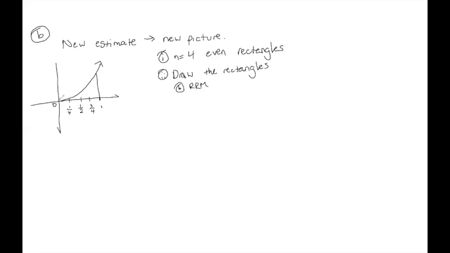But in this case, instead of using 0, I'm going to use 1/4 and draw my horizontal line to the left. So now I have a rectangle which is above the function. So I'm going to have an overestimate in this case. And in this case, I have 1/2 as the right endpoint of the next one, 3/4 as the right endpoint of the third rectangle, and 1 as the right endpoint of the fourth rectangle.